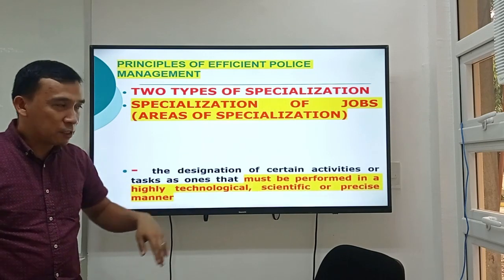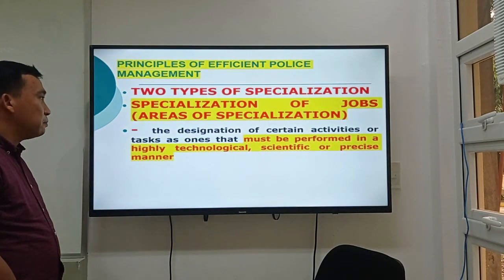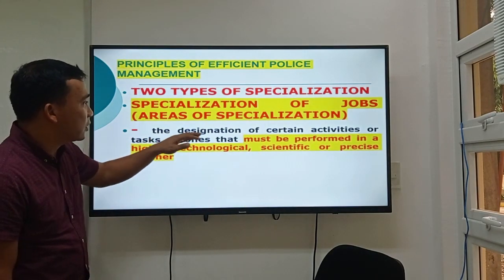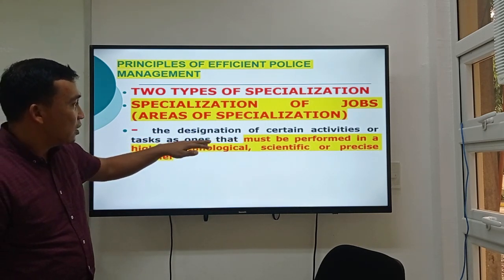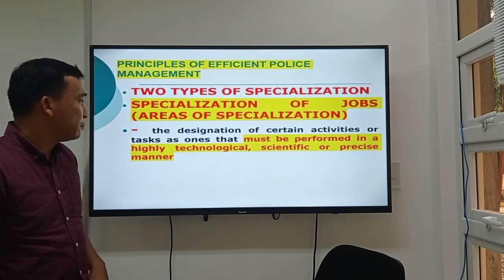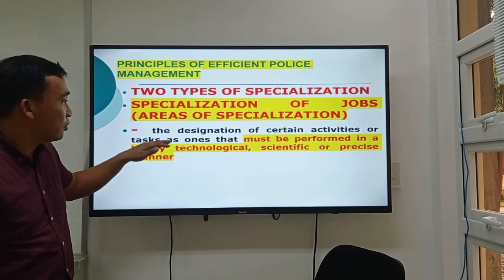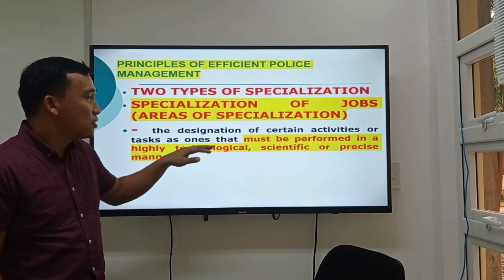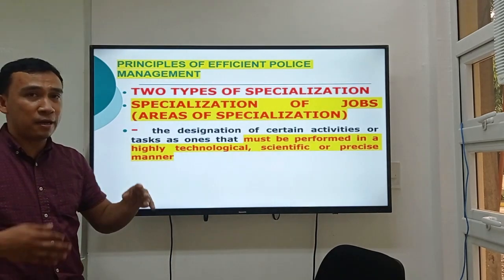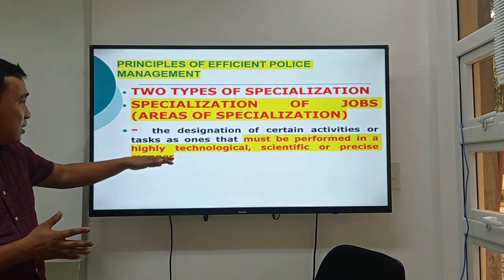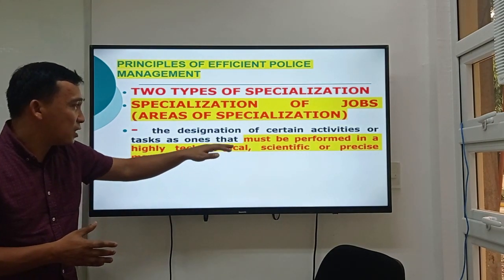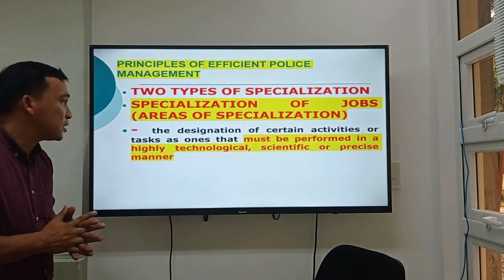One is the specialization of jobs, means the designation of certain activities or tasks as ones that must be performed in a highly technological, scientific, or precise manner. Sa PNP, ano ang mga highly technological, scientific, or precise manners?